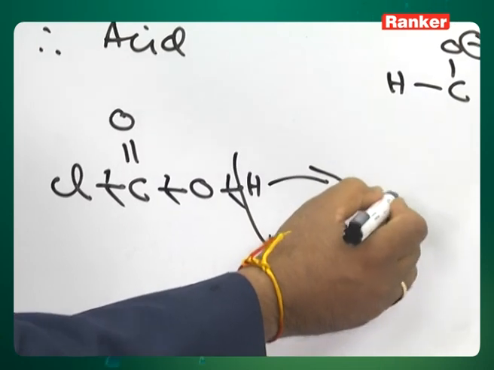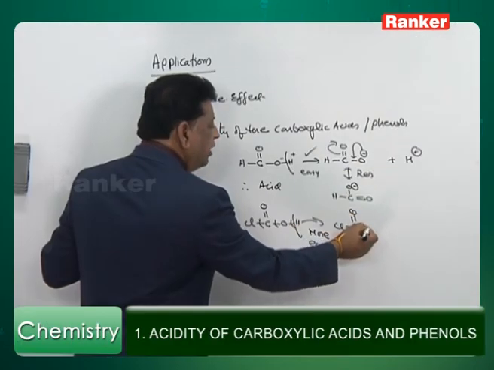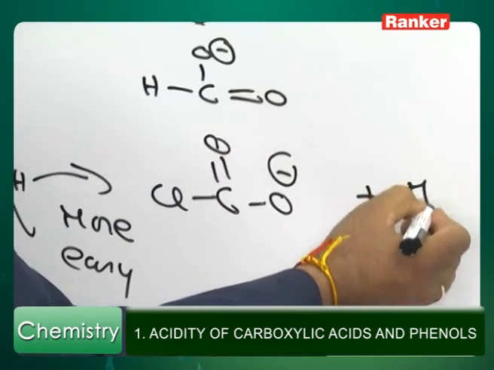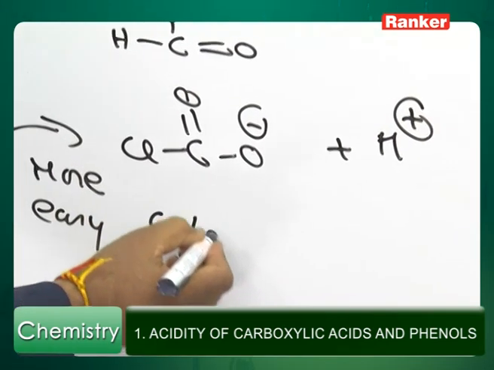So, now the anion formation is taking place much more easily. So, the H plus is removed. The anion formed is now called chloroformate.